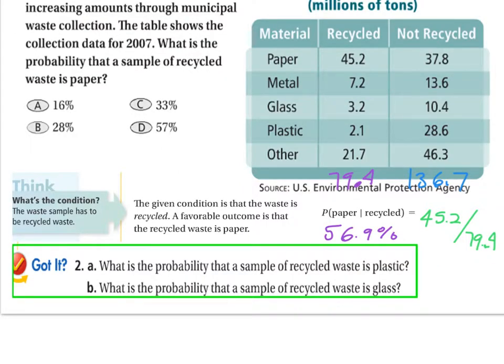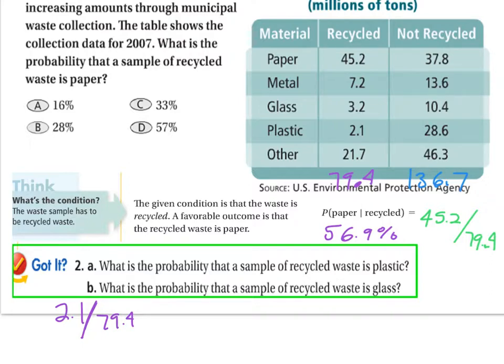And then looking at the last two questions there at the bottom, again, you can give those a shot, and I'll fill those in if you want to pause and then start it up. I'll go through those. So looking at what is the probability that a sample of recycled waste is plastic, we'd really do the same kind of thing. We're looking at just the recycled column, so 2.1 millions of tons of recycled plastic, and that gets divided by the 79.4.